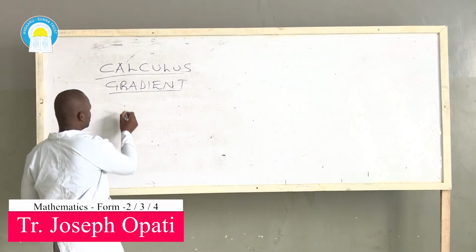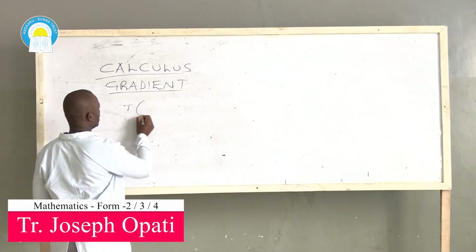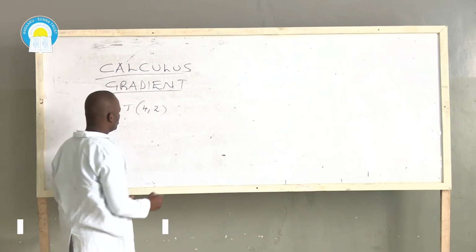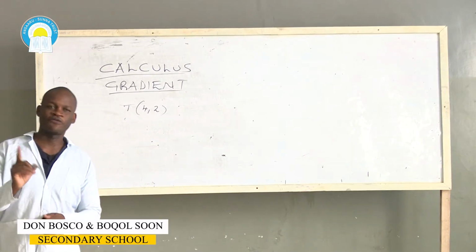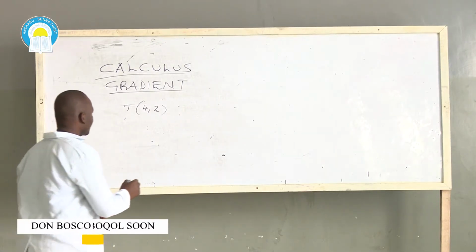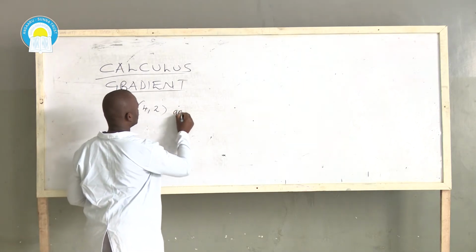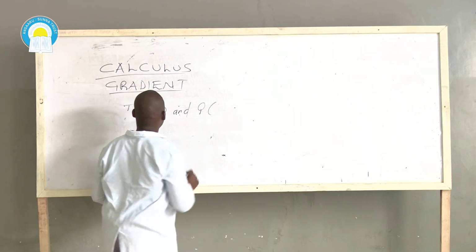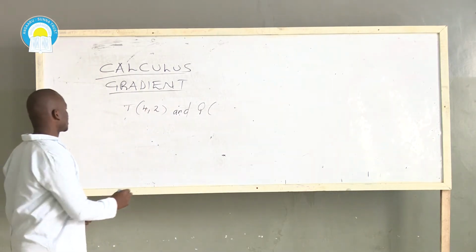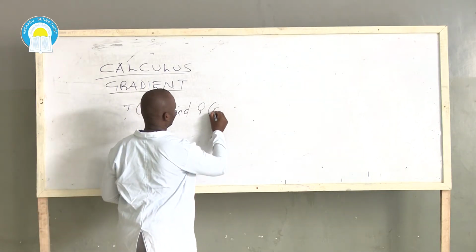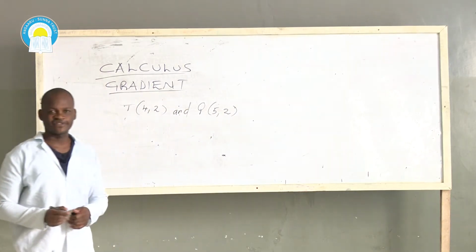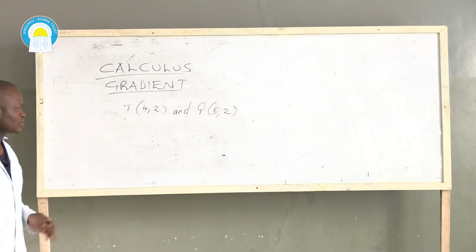Given point T with the coordinates 4, 2, and another point Q with the coordinates 5, 2. Now, in this case, how do we get the gradient and what will be the eventual value?